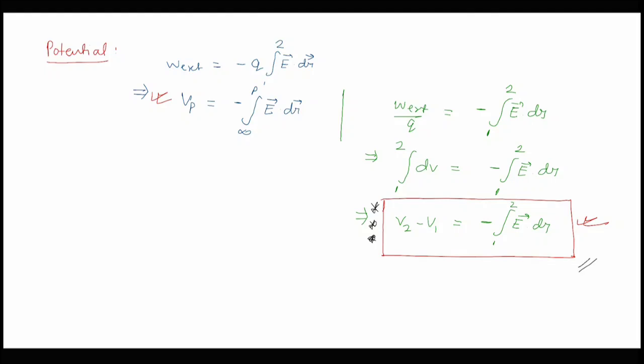So if we begin with this expression, I can write that V2 minus V1 is equal to negative integral of E dot dr from position 1 to position 2. Now we are writing it for a point charge.